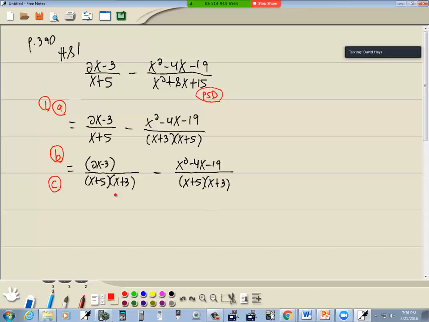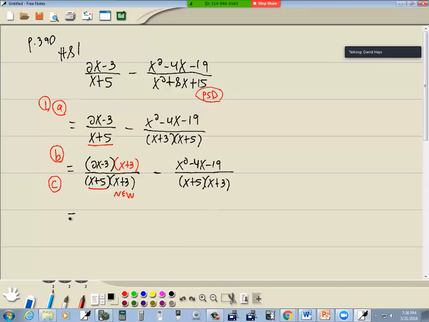But in our first fraction, we had the x plus 5. The x plus 5 is still there. The new item that we put down below is the x plus 3. Now whatever new item you put down below, you also have to put up on top. The mathematical principle behind that is whatever you multiply by the denominator, you also multiply by the numerator.